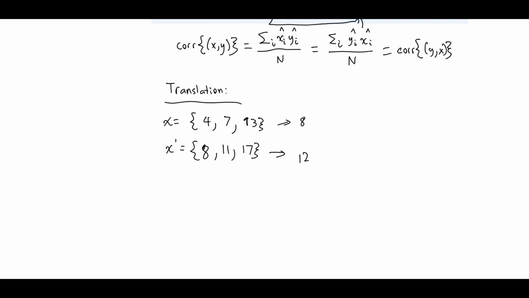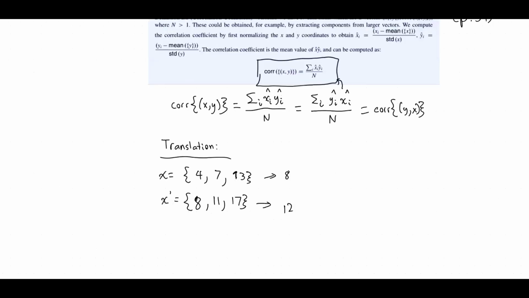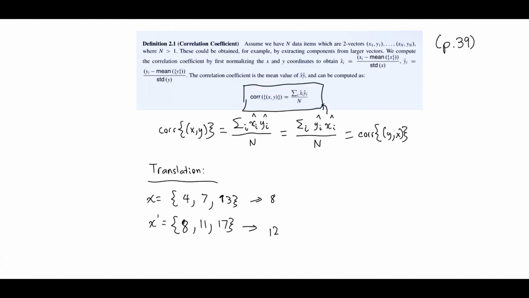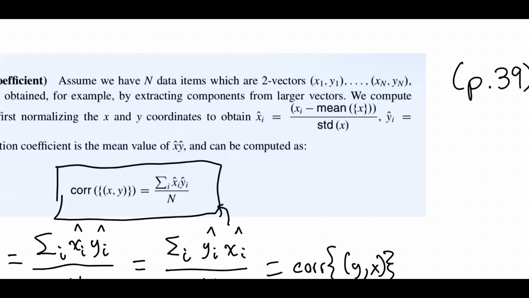So that's fairly handy. So let's look at what we actually do in our correlation coefficient calculation to see why this might not change. And we can remember when we translate, we don't affect the standard deviation at all. That was covered earlier in chapter 1. But we can look at how we calculate our x hat i, and we can see that it is x sub i minus the mean of x over the standard deviation of x.